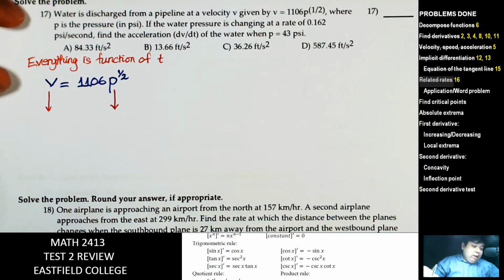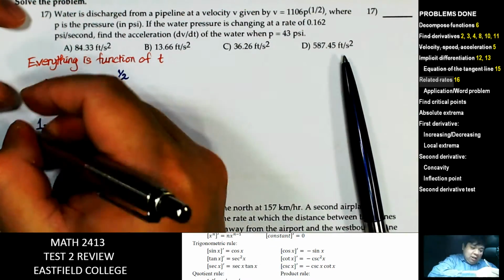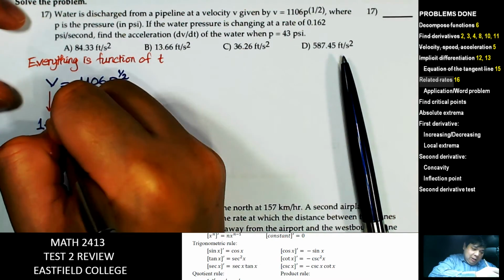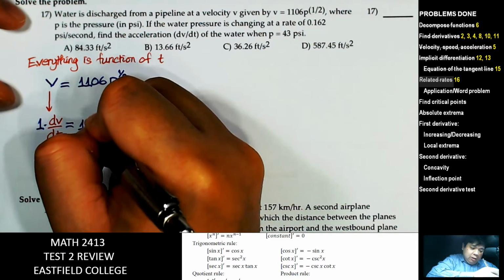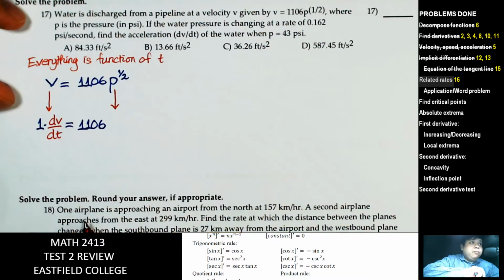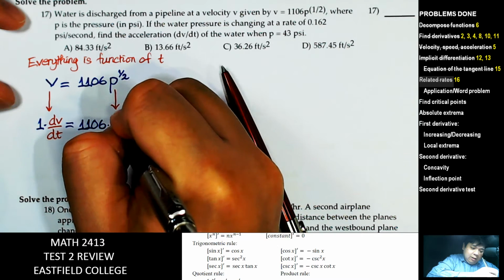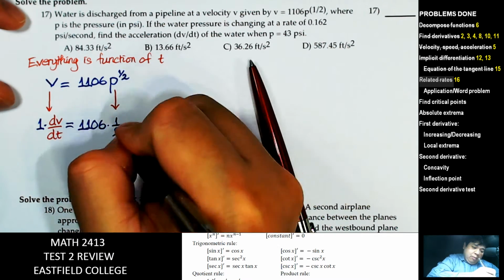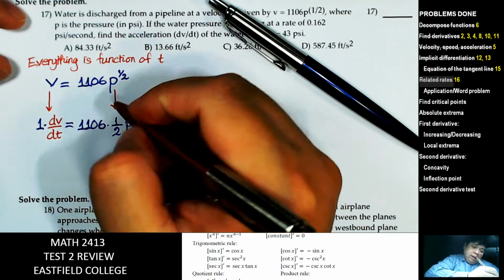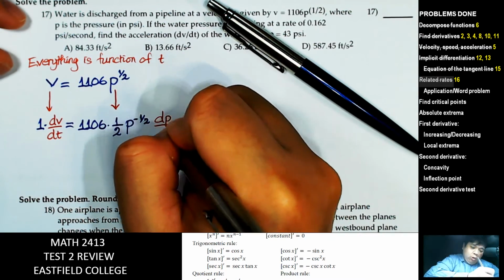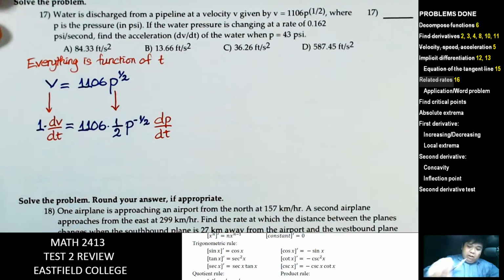So when we take the derivative of v, it is just 1, and then dv over dt equal to that is 1/2, and p to the negative 1/2 dp over dt.